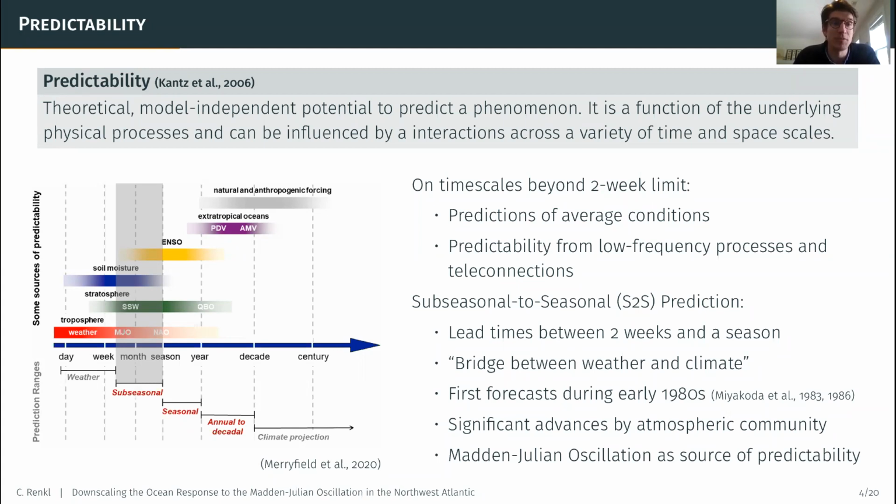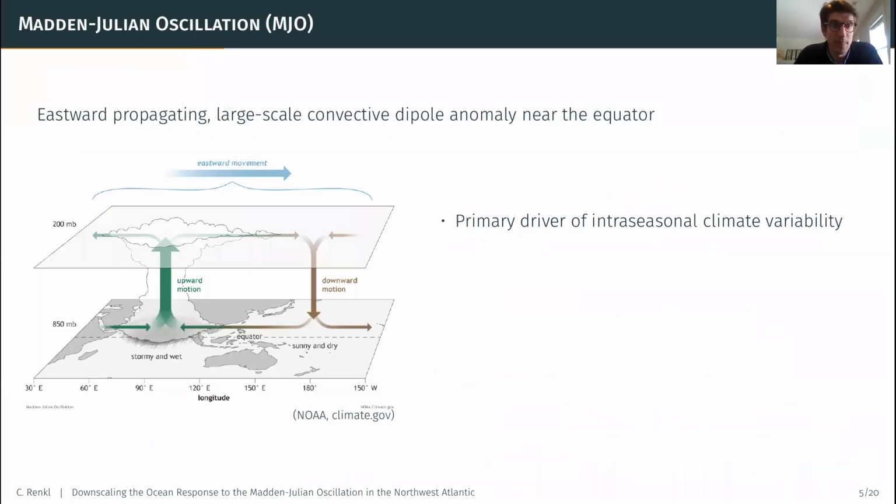One thing that the atmospheric scientists have found out is that the Madden-Julian Oscillation serves as a source of predictability on these subseasonal to seasonal timescales. What is the Madden-Julian Oscillation? The Madden-Julian Oscillation is an eastward propagating large-scale convective dipole near the equator that zips around along the equator with a period of 40 to 60 days.